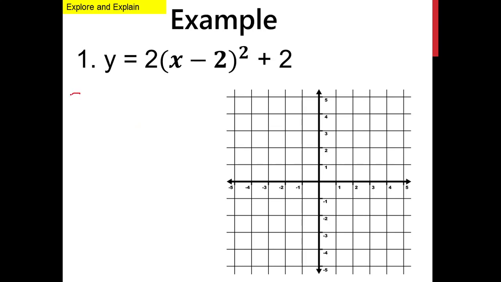First, let's find the value of a, which is equal to 2. Next, find the value of h. So h here, since the sign on the quantity is negative, let's get the opposite sign of this one. So we have positive 2. And of course, k here is positive 2 also.